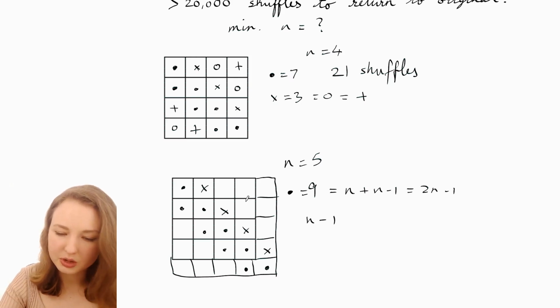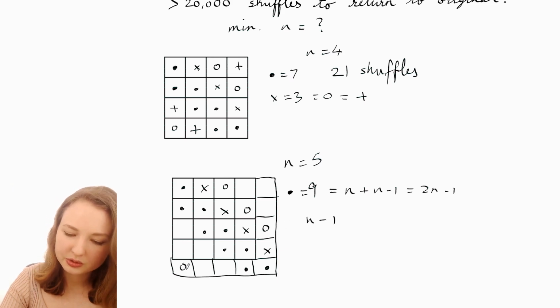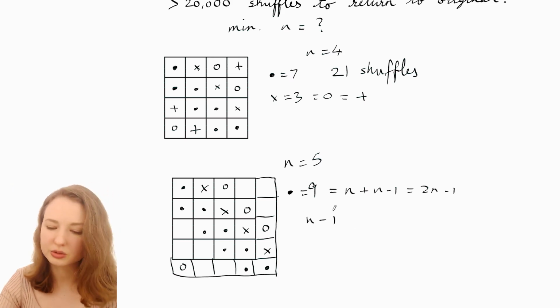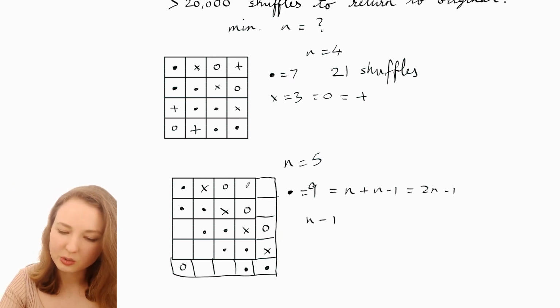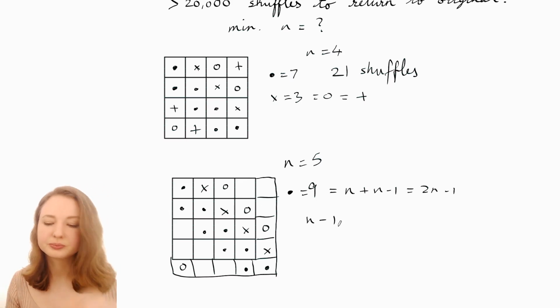And then if you do any of these other squares as well, you find that they end up back to their original position in also n minus 1 shuffles. So you can do it for that and that one as well, and that one. They'll all be n minus 1.